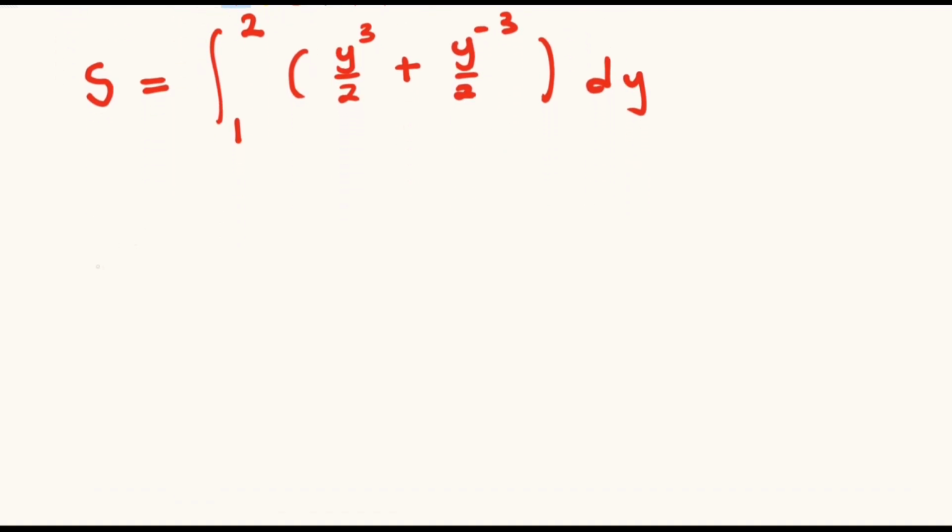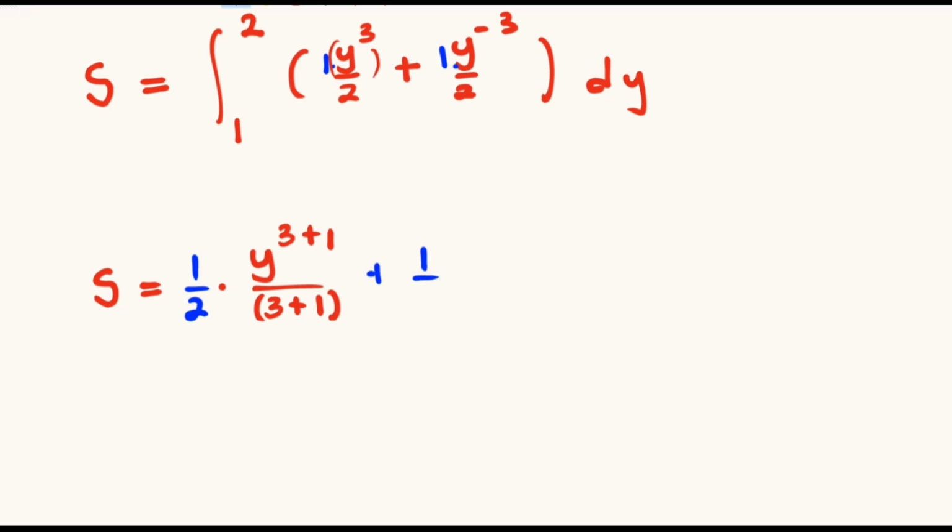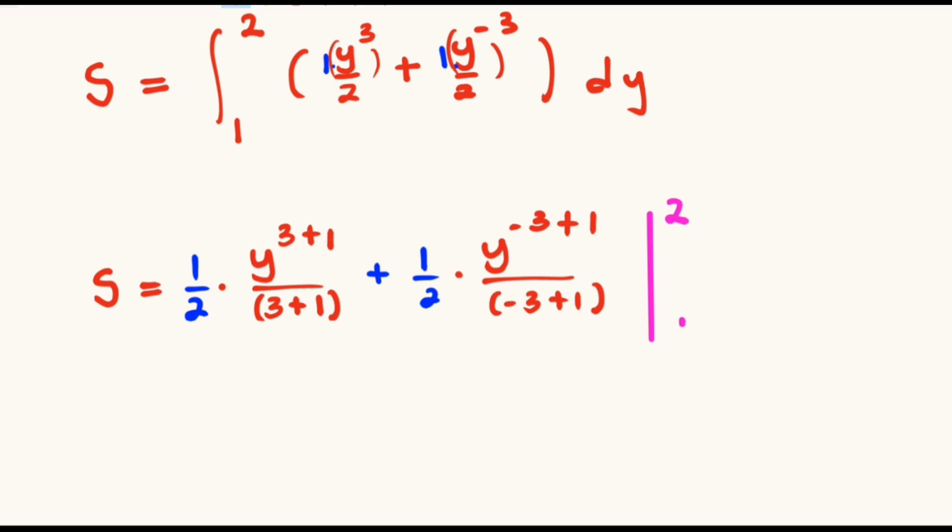And from here we have to integrate, and our s will be equal to 1 over 2 multiplied by the integral of y to the power 3, which is equal to y to the power 3 plus 1 divided by 3 plus 1, plus that 1 over 2 multiplied by the integral of y to the power negative 3, which is equal to y to the power negative 3 plus 1 divided by negative 3 plus 1, and we have our limits as positive 2 and positive 1.